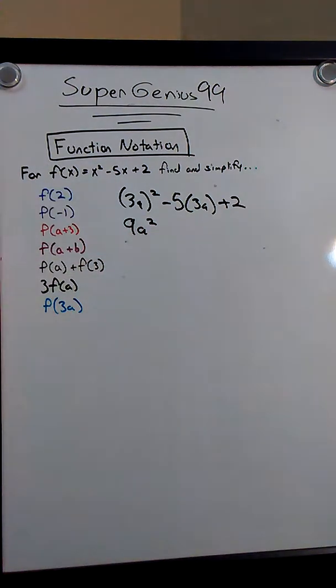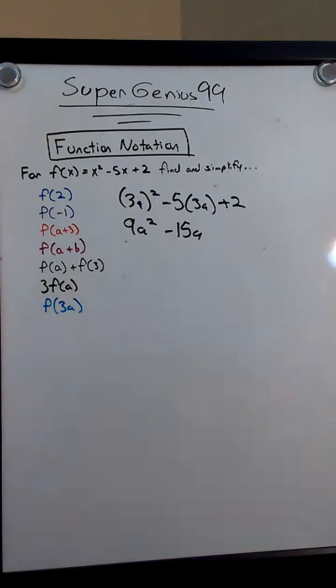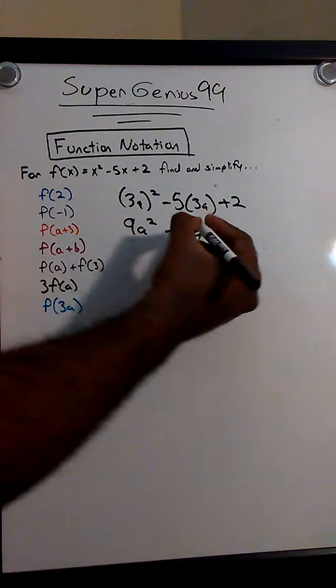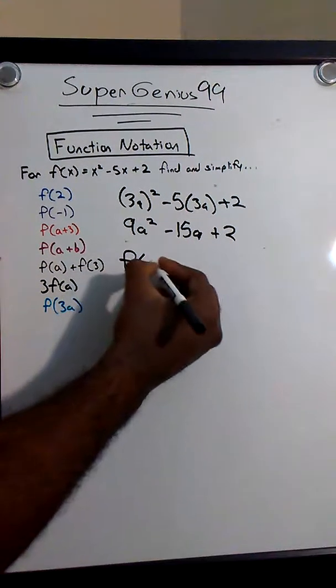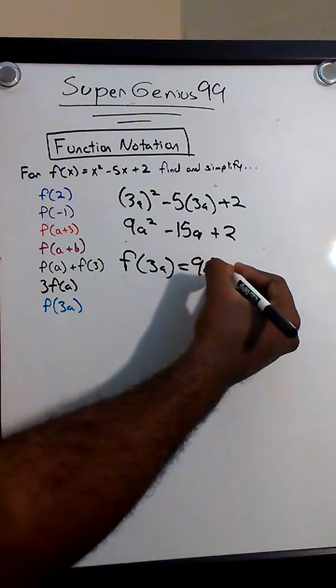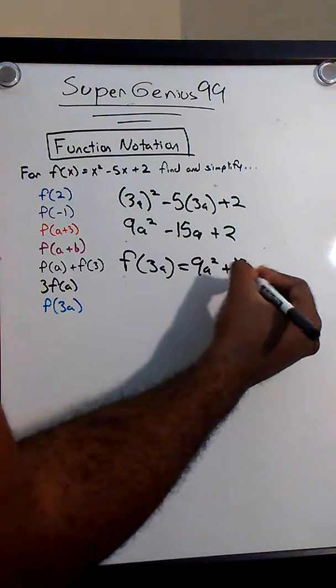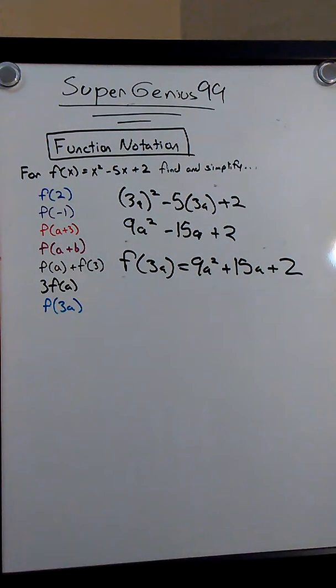What is 5 times 3a? Minus 15a, and then plus 2. So f of 3a equals 9a squared minus 15a plus 2.